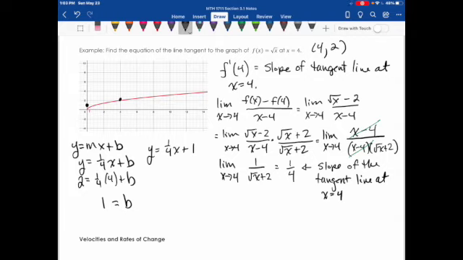Let's say we plug in 8. That's going to give us that y is 3. So that'll be right here. And here is our tangent line that just touches at x equals 4.